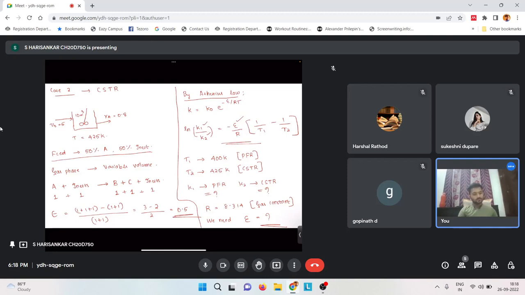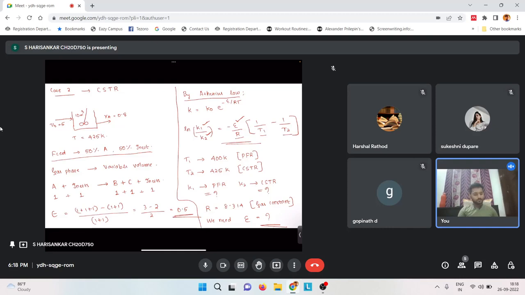So what we need to find here is K1, K2, and then the activation energy E. They have already given us the data for T1 and T2, and R is also given as 8.314.